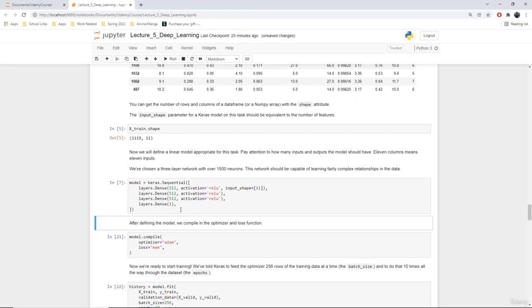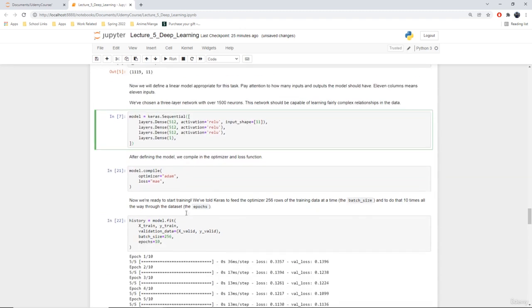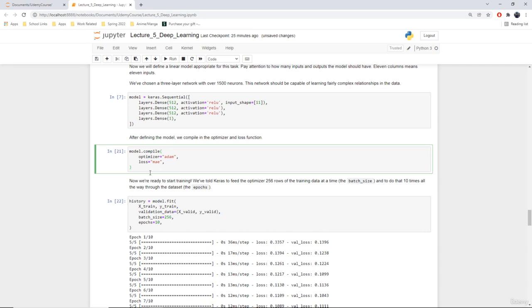It's a regression problem, like we said, so no activation function, this last argument here. And then here we compile using the optimizer and loss function, run this, and now we can train our neural network and see how it does. For this example, we're going to feed the optimizer 256 rows of the training data at a time.